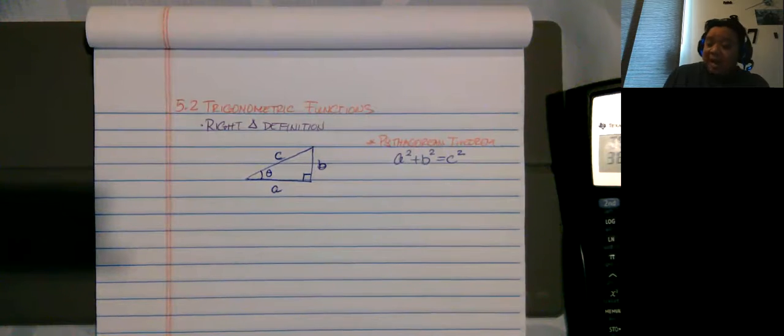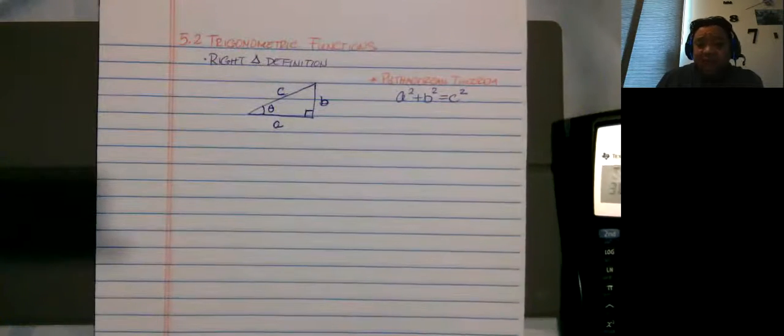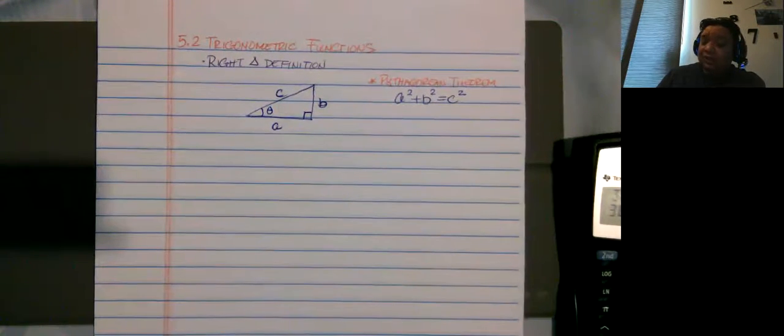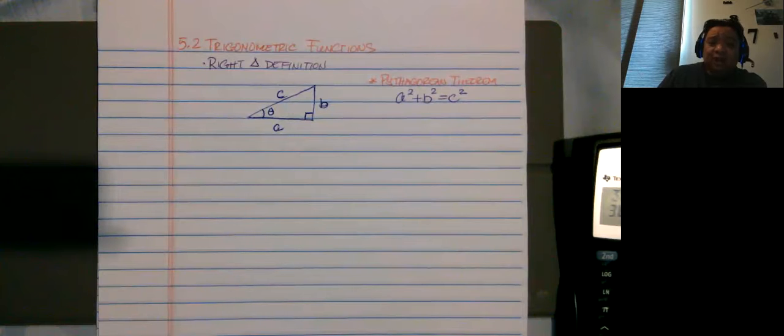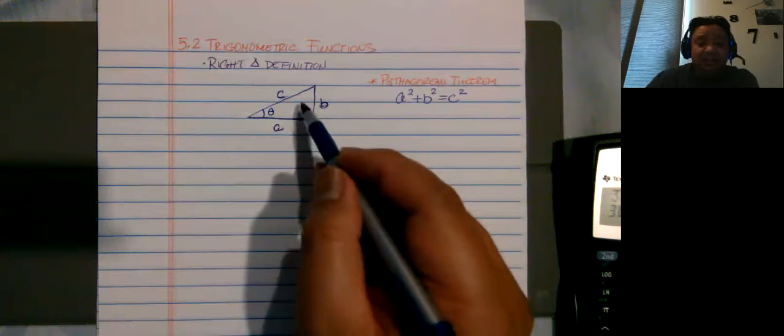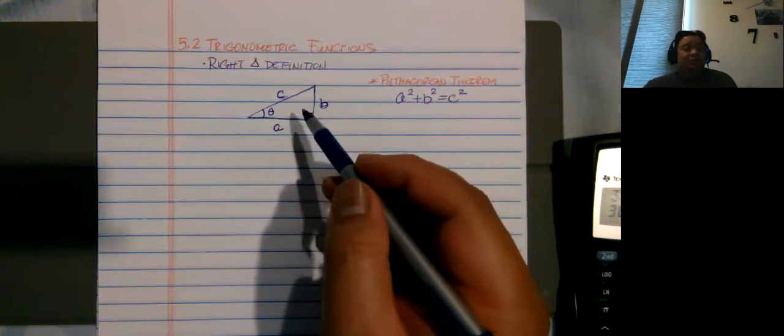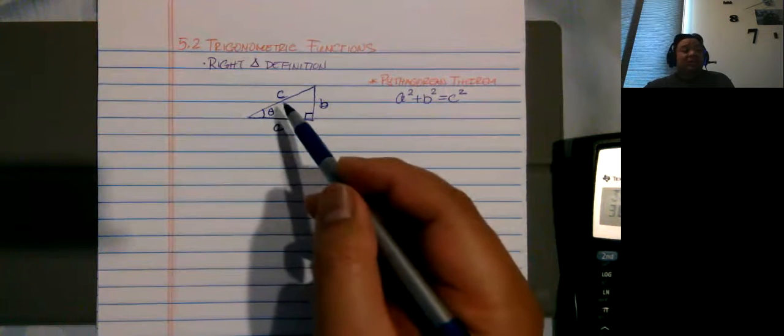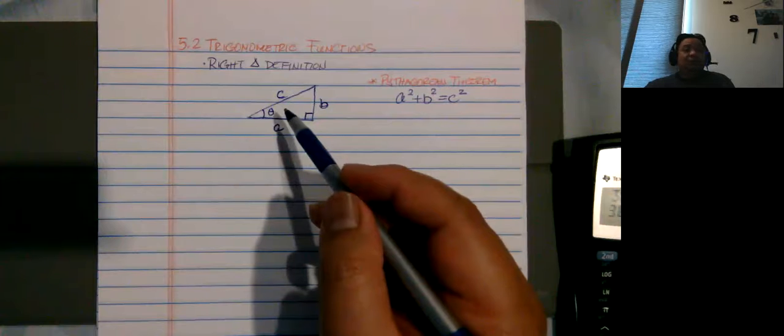All right, so what exactly are your trig functions? Your trig functions are basically formed by doing the six different ratios of the three sides, right? So just create all the six ratios of the three sides, and those are basically what your trig functions are.